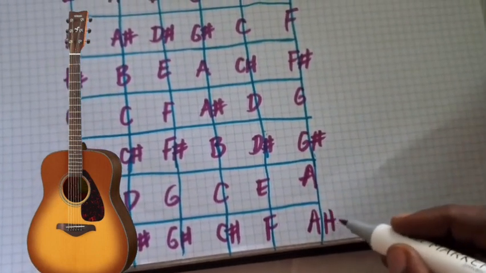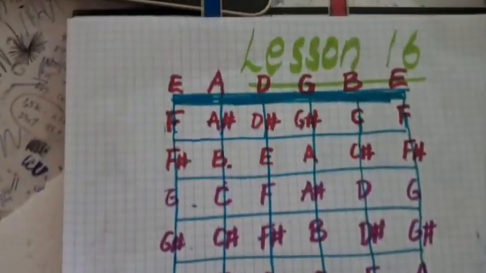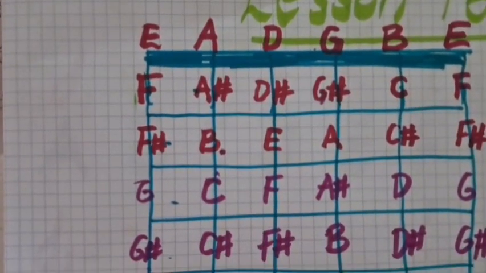A sharp. As we said, it can continue. But this is basically our keys.